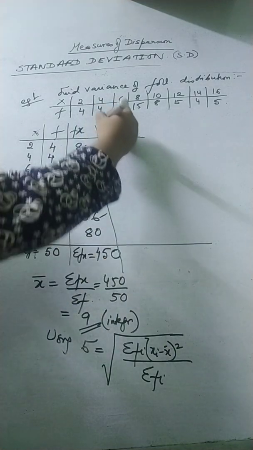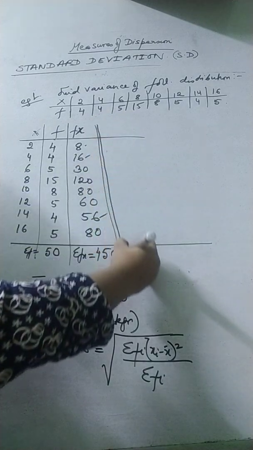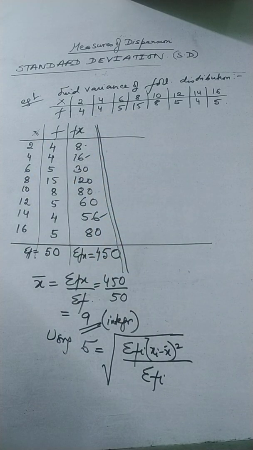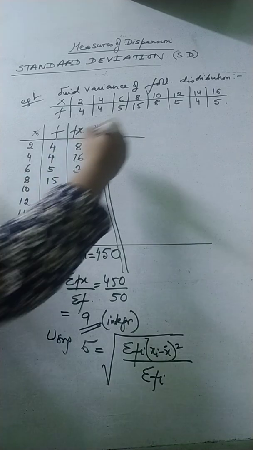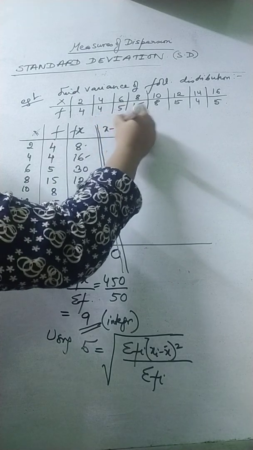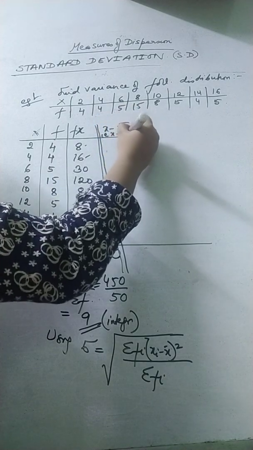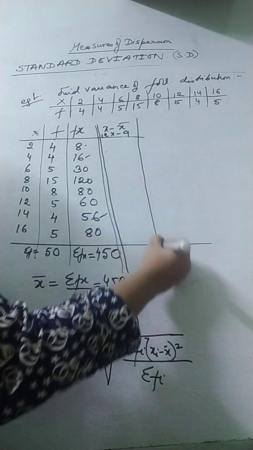So this part is over. We need xi minus x bar, so let's write that: x minus x bar, that is x minus 9. This is the column.